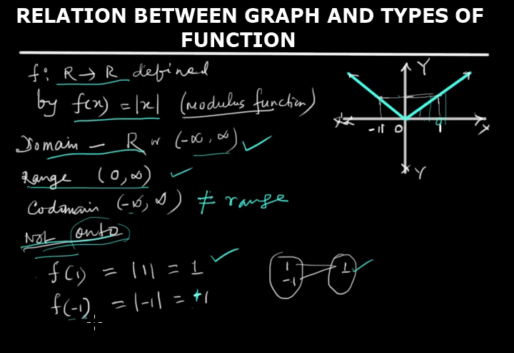This indicates that f is not one-one. So from the graph of the modulus function, we see the domain is all real numbers, the range is 0 to infinity, which is not equal to the codomain, so the function is not onto. And at two values of x, 1 and minus 1, the image is the same, 1, therefore f is not one-one.